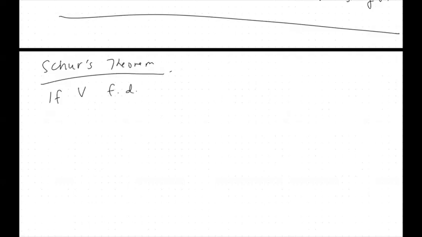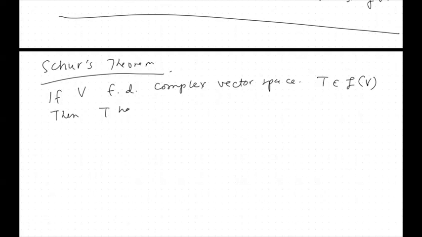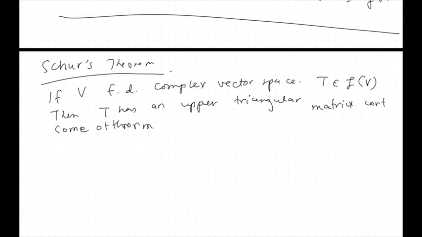And now I will state a special case. The context here is you have a vector space over C. So here V is a finite dimensional complex vector space, and then we have a linear operator T on V. Then our T has an upper triangular matrix with respect to some orthonormal basis of our vector space.